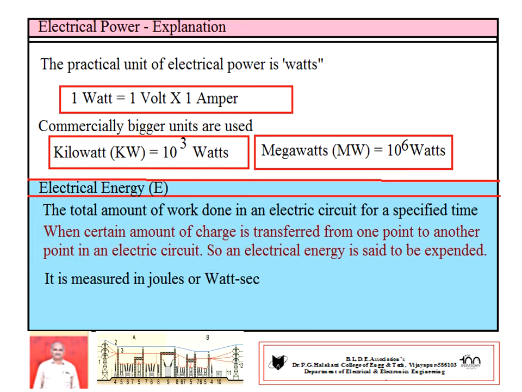Commercially bigger units are used. Watt is a smaller unit, but in commercial situations bigger units are used, that is kilowatt or megawatt. So 1 kilowatt equals 10 to the power of 3 watts. 1 megawatt equals 10 to the power of 6 watts. These ratings are used commercially in power consumption systems and power systems. For example, the capacity of power stations is expressed in megawatts.